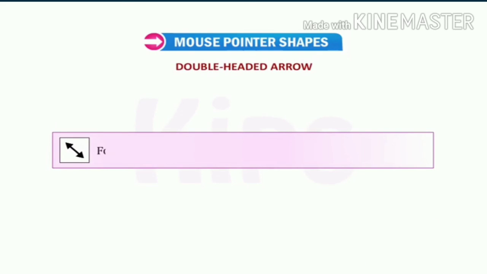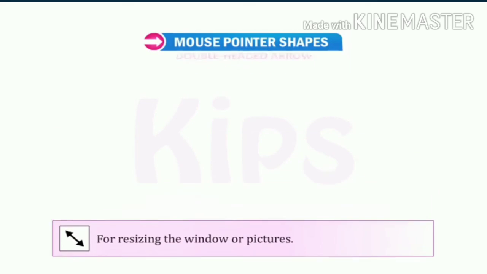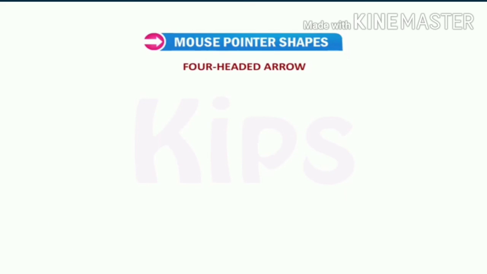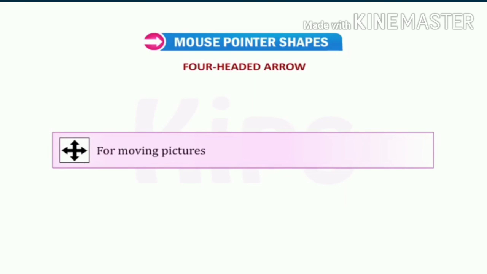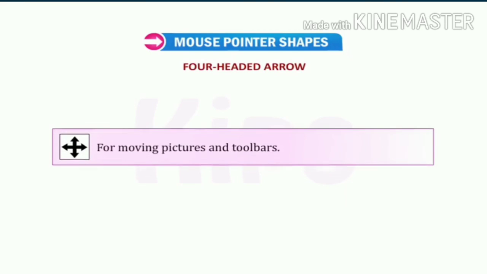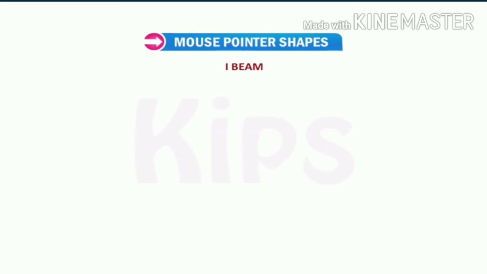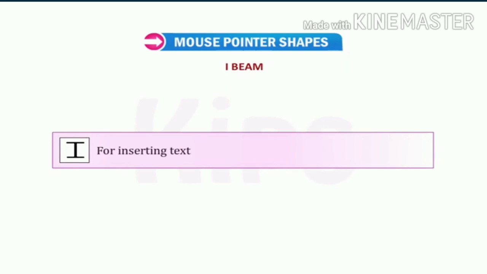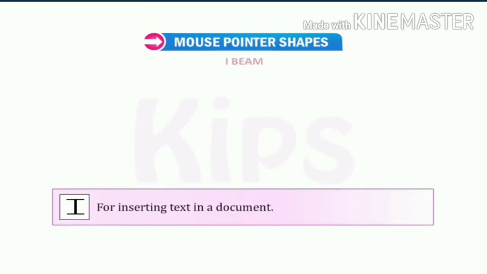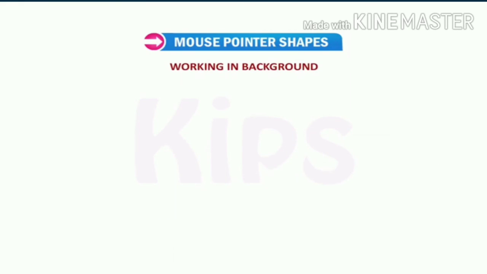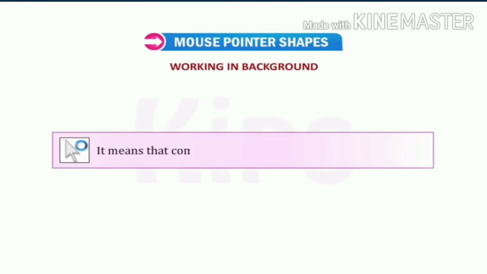Double-headed arrow: for resizing the window or pictures. Four-headed arrow: for moving pictures and toolbars. I-beam: for inserting text in a document. Working in background: it means that the computer is processing while you are working.